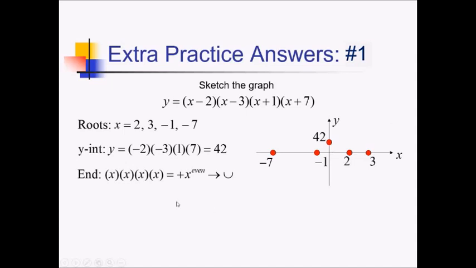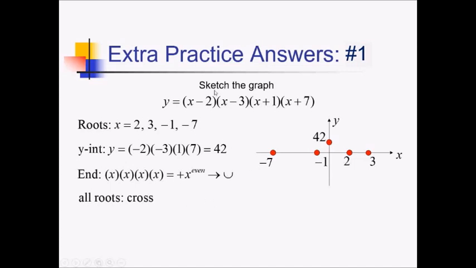Next, let's get the individual root behavior, and we find that by looking at the exponents on all our factors. So all of these roots are coming from single power factors. So since these are all singles, that means that for all roots, we are going to cross through just like a line would cross through the x-axis.